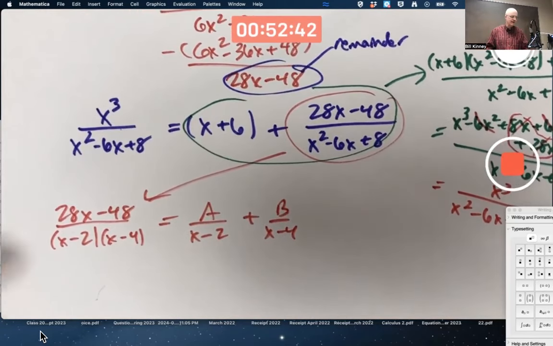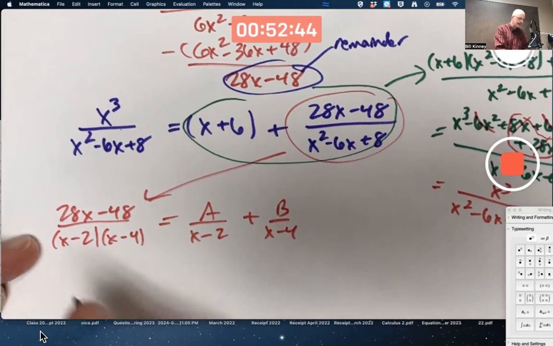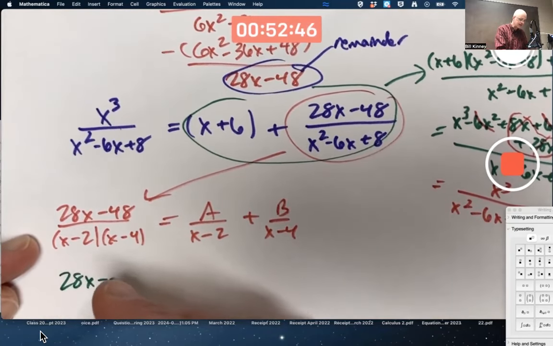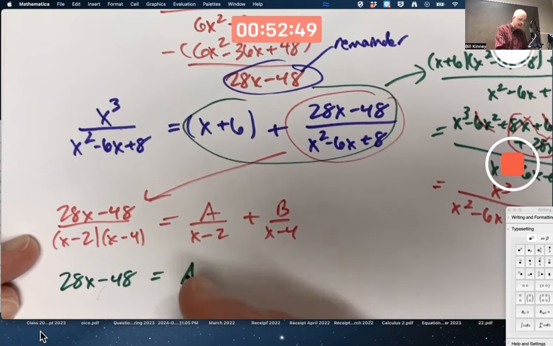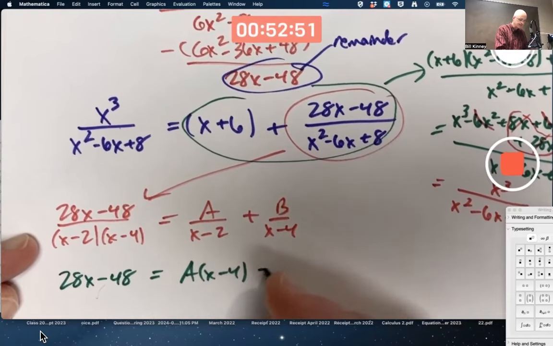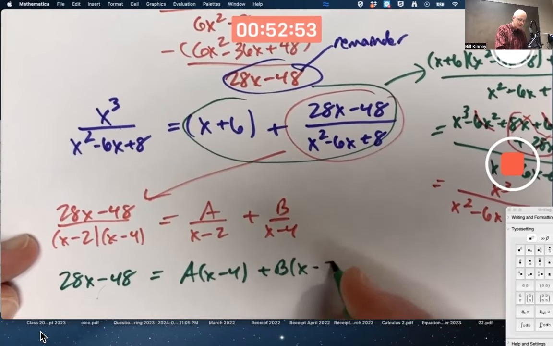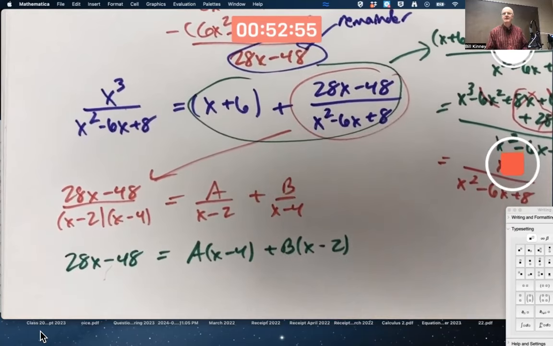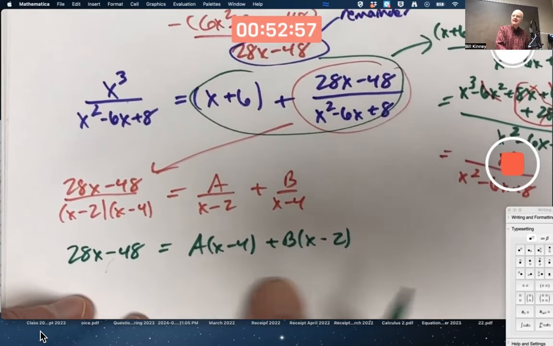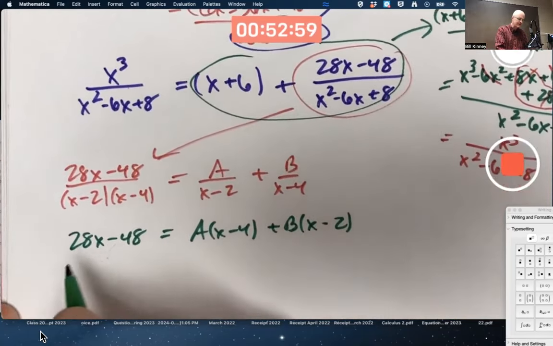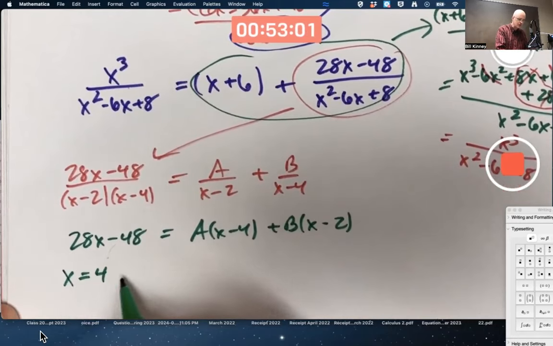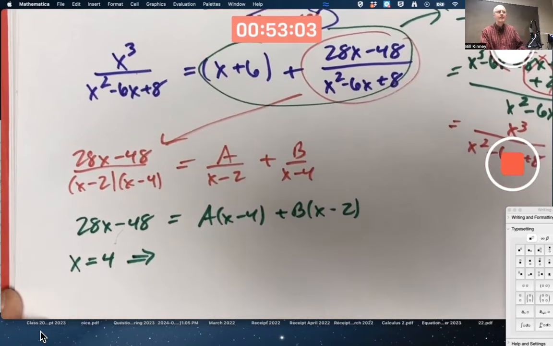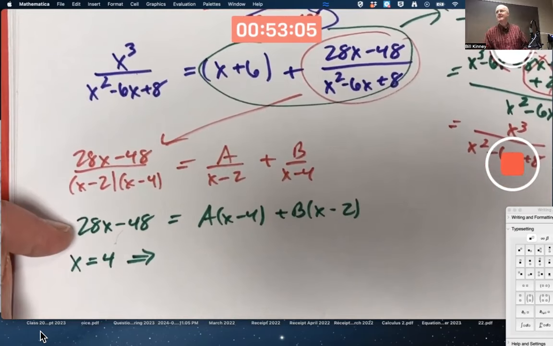Multiply both sides by the common denominator, getting complete cancellation on the left and partial cancellation on the right. Once again, you want this to be true for all x. You might as well pick x's that make a and b easy to solve for. Once again, x equals 4 and x equals 2. Don't forget to plug it in the left side. 28 times 4, what's that, 112?